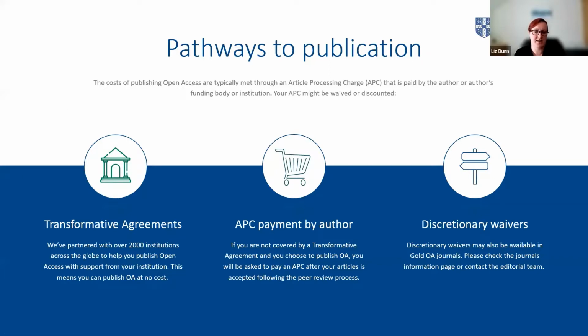This means that authors at these institutions can publish open access in our journals without paying an APC, and readers can still access the subscription content that we publish. Importantly, full waivers or APC discounts are available in both gold open access and hybrid journals within our portfolio. And Andrew's going to talk a little bit more about our transformative agreements later.